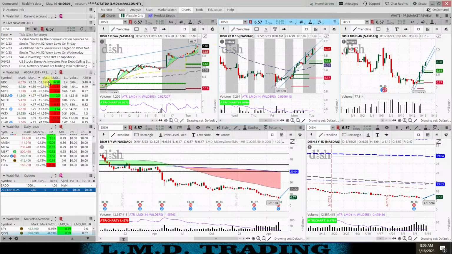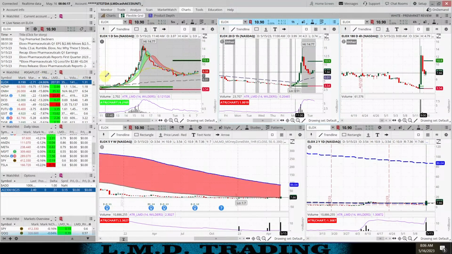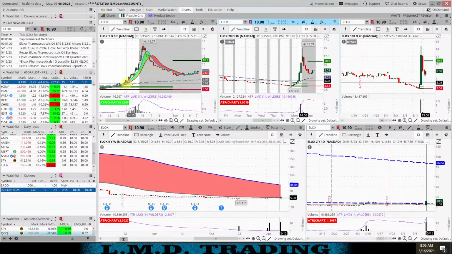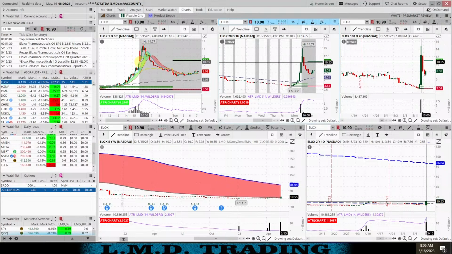What I'll do now is sort this same list by losers. And now we'll see stocks that are going downhill. Look at that yesterday. ELOX, nice ramp up at 2 o'clock up to 14.77. Imagine buying this yesterday with the thought that we're going to continue higher tomorrow morning.